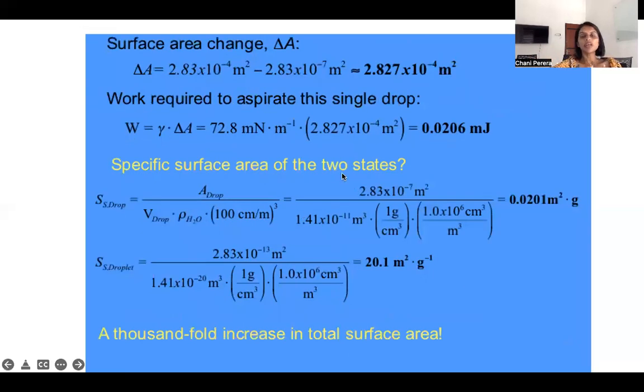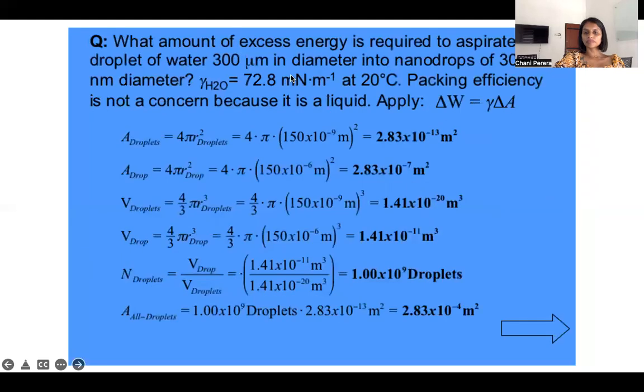Then you are after finding the excess energy that you need to provide in order to atomize a big drop into smaller droplets. To do that, you can calculate the change in the surface area. So all the droplets have 2.83 times 10 to the power minus 4, and the big drop had 2.83 times 10 to the power minus 7.